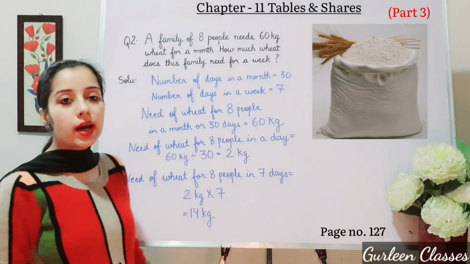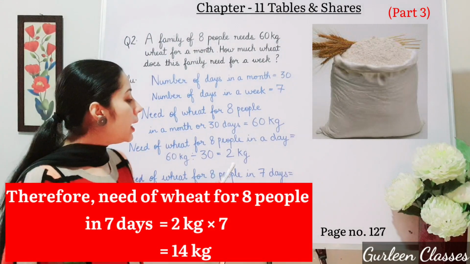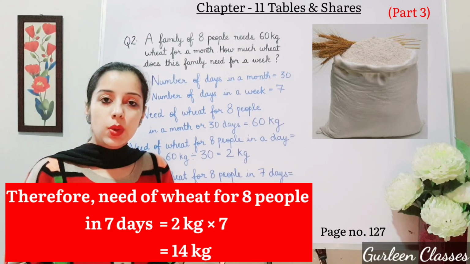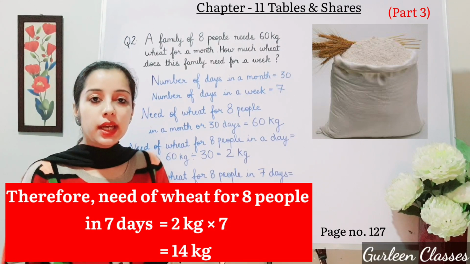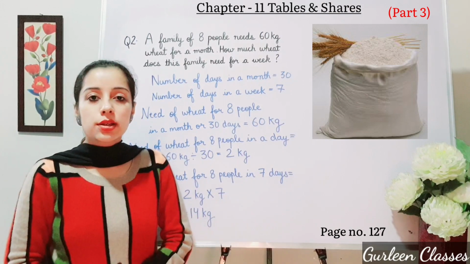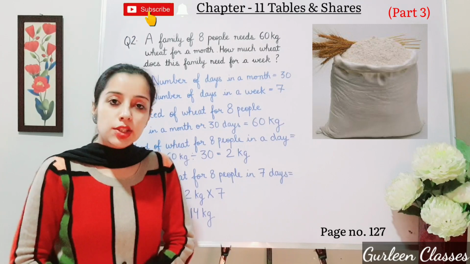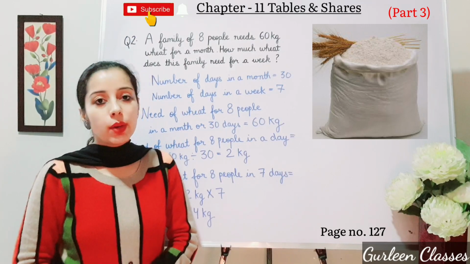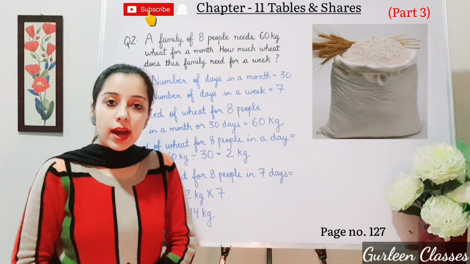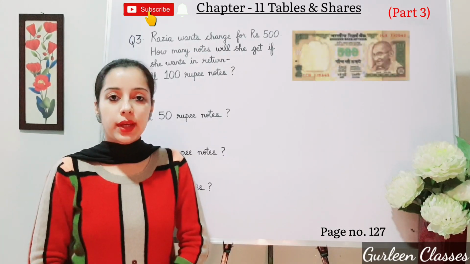So at last we will write need of wheat for 8 people in 7 days is equal to 2 kg into 7, that is 14 kg. So students, you have to do these type of questions step by step. First read the question and see what they are asking. Then write the statements according to that. Then solve.